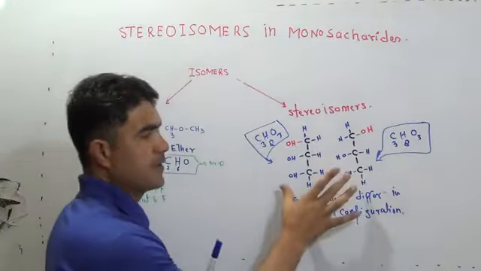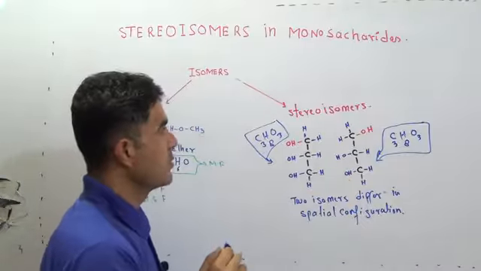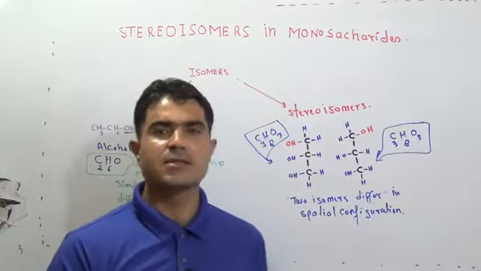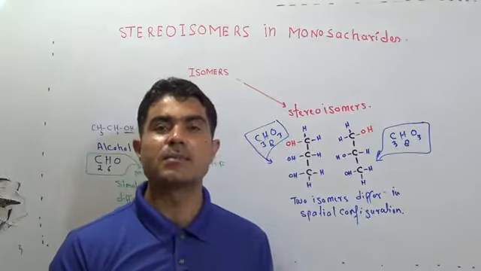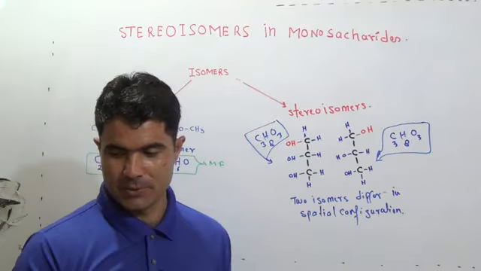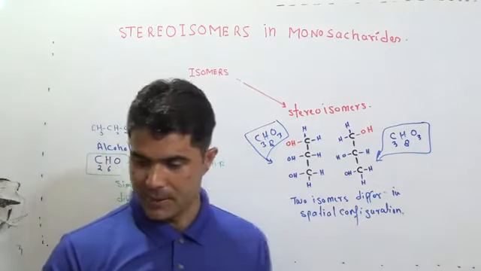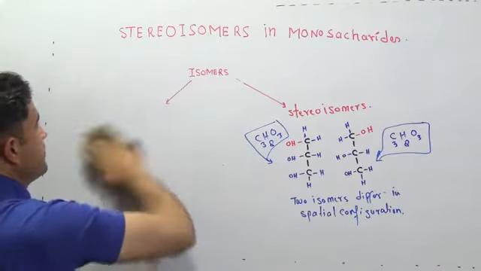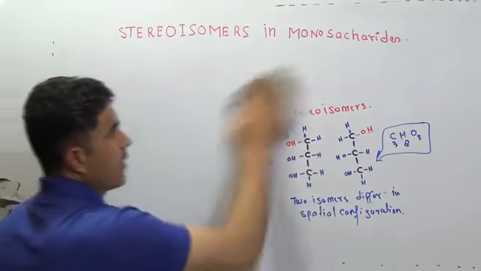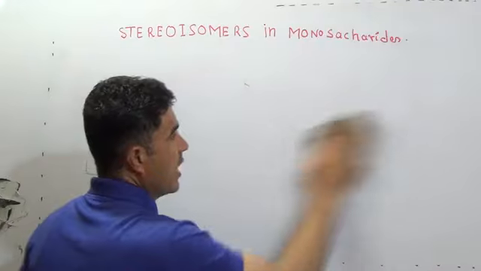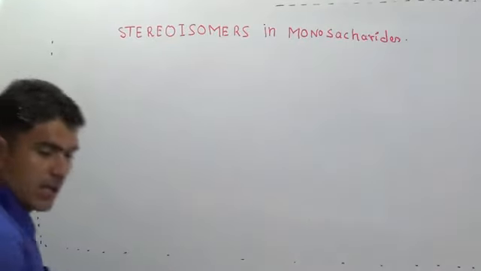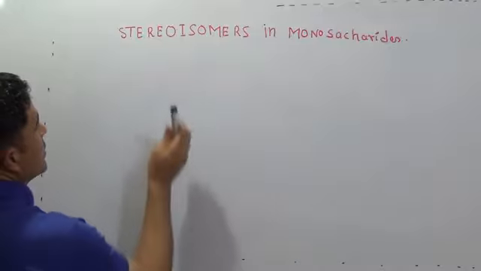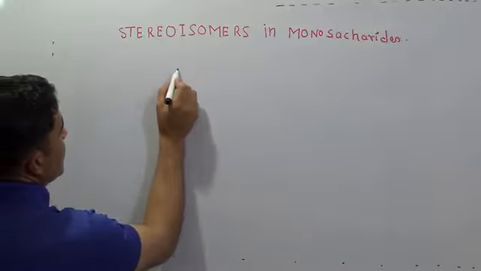Okay, so this is a very good example of stereoisomers, and now we will come to the next small topic, asymmetric carbon and chiral molecule or chiral carbon. Let me erase this, because without the concept of asymmetric carbon, we will not be able to understand the remaining topics.